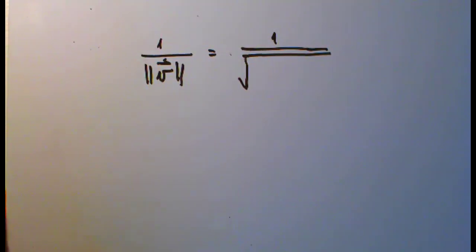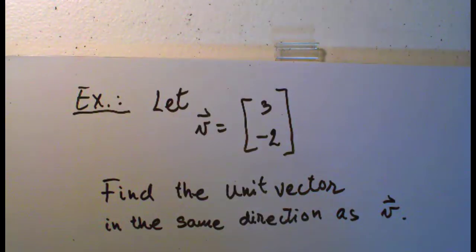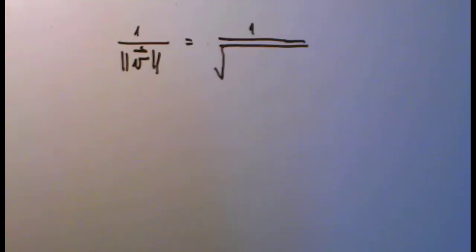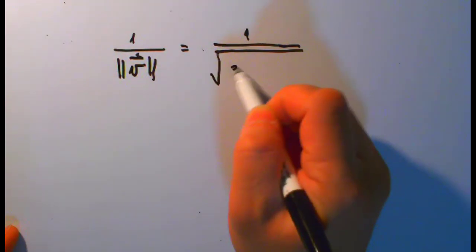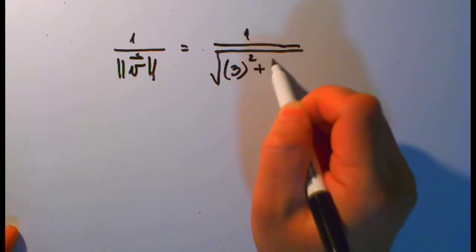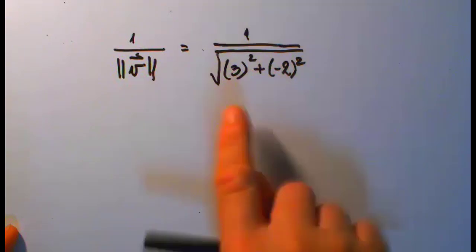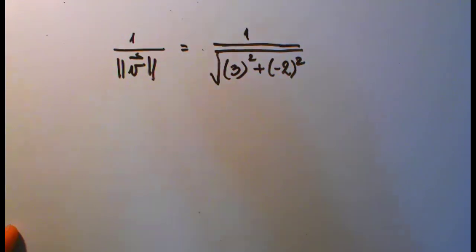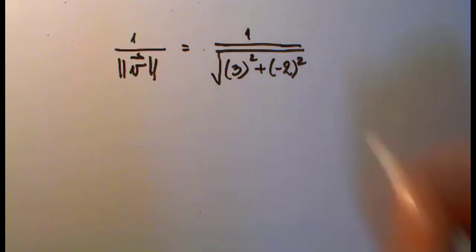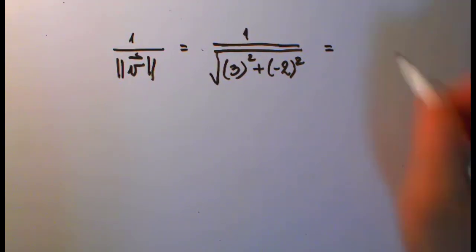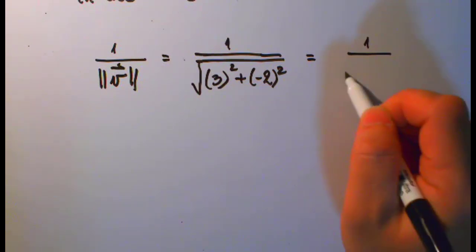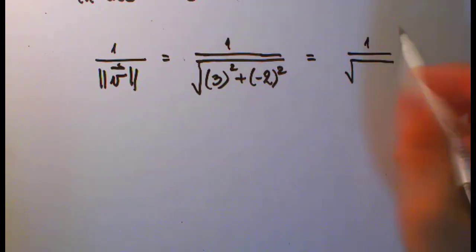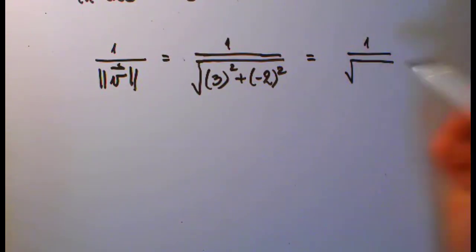Just to remind ourselves, v is (3, -2). So the length of v in the denominator is going to be the square root of 3 squared plus negative 2 squared. And so we are looking at a scalar 1 over the square root of 13, since 9 plus 4 is 13.